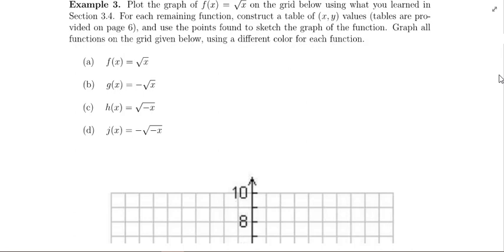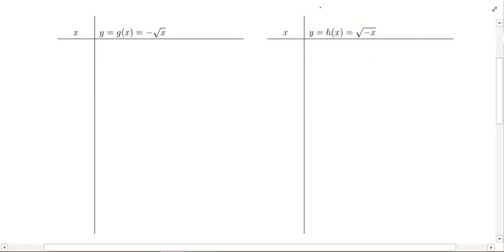So we are going to move over to page 6, and we're going to make a table of values for those 3 other functions. Once we have our table of values, we will come back and plot each of those graphs just to see how they compare to the original basic function. I am going to color code these as well, like I did in example 1, so we can tell which graph is which very easily.